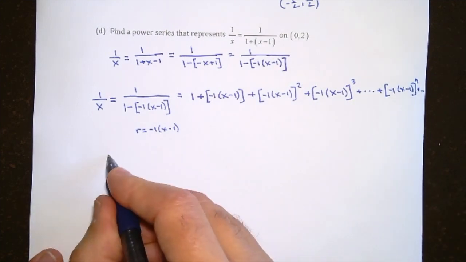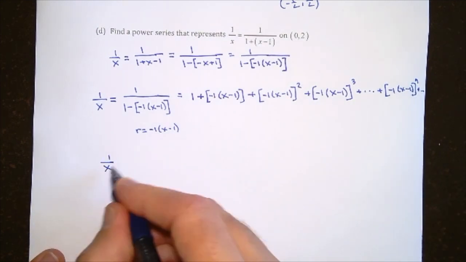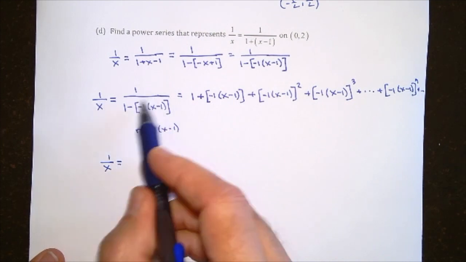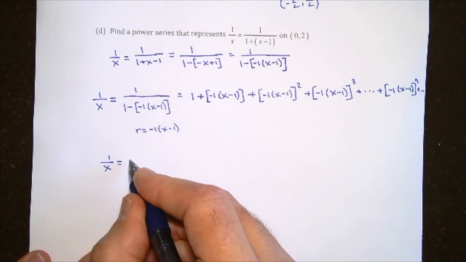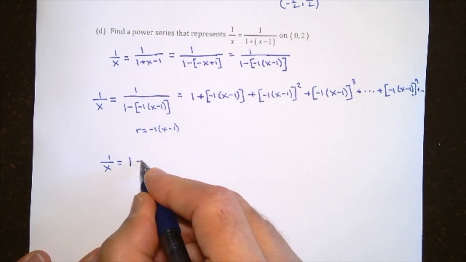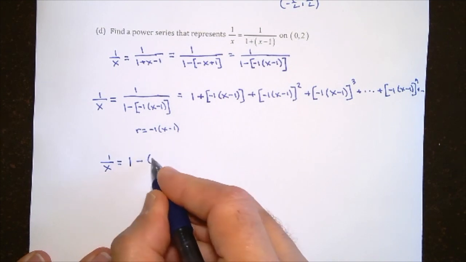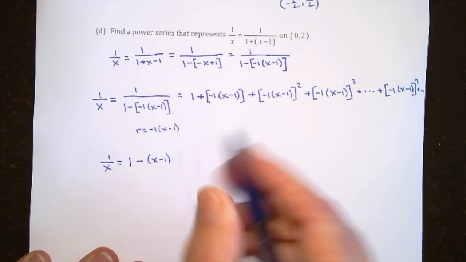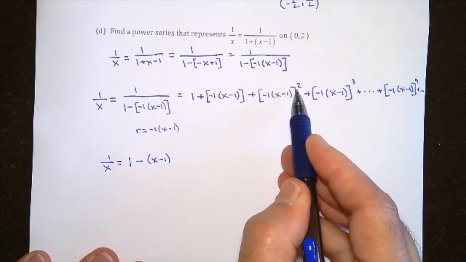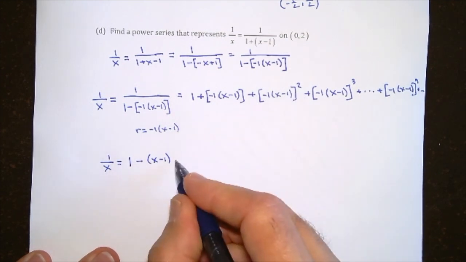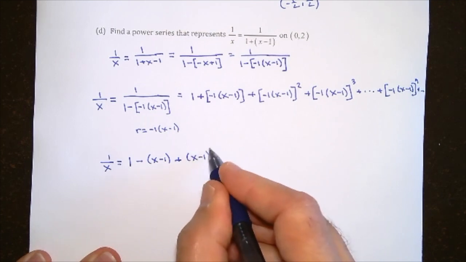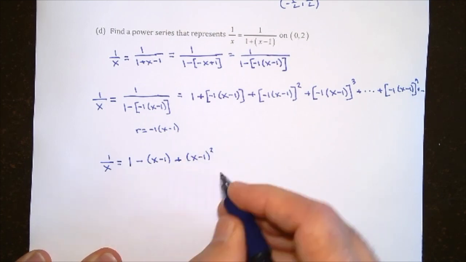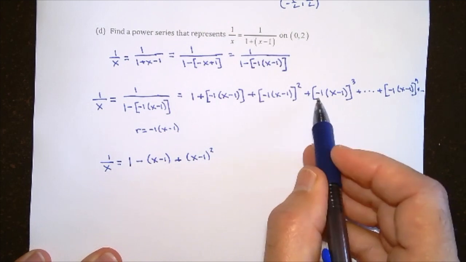Okay. And so this 1 over x, I'm going to skip this part right here, is represented by 1 minus x minus 1. This is going to be negative 1 squared, so that'd be plus x minus 1 squared. You see how we're getting the alternating?